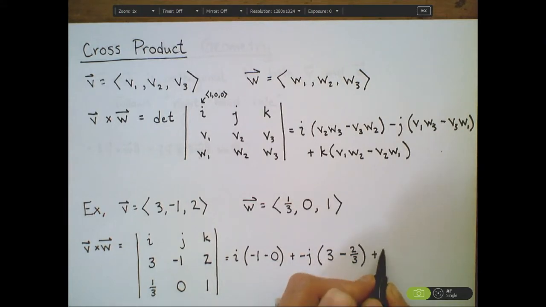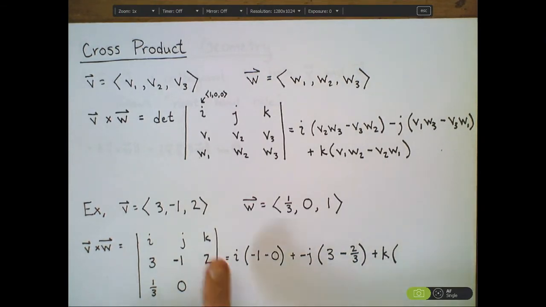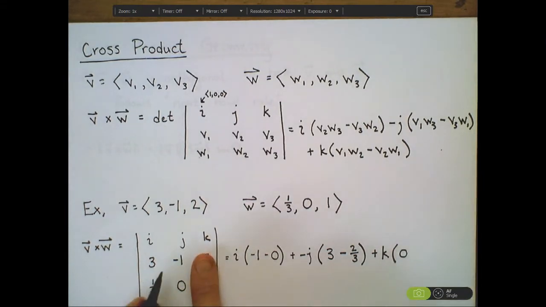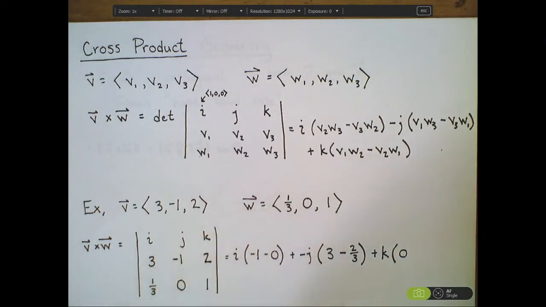And then finally, I get k times the determinant of this matrix, which is 3 times 0, which is 0, minus negative 1 times 1/3, which is minus negative 1/3. And I can simplify this. I see that this becomes negative 1 times i, or negative i.